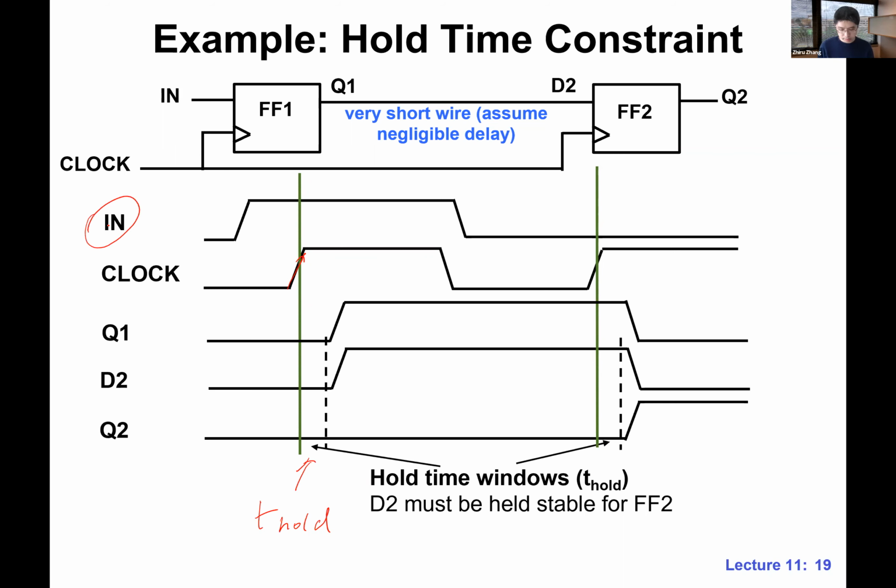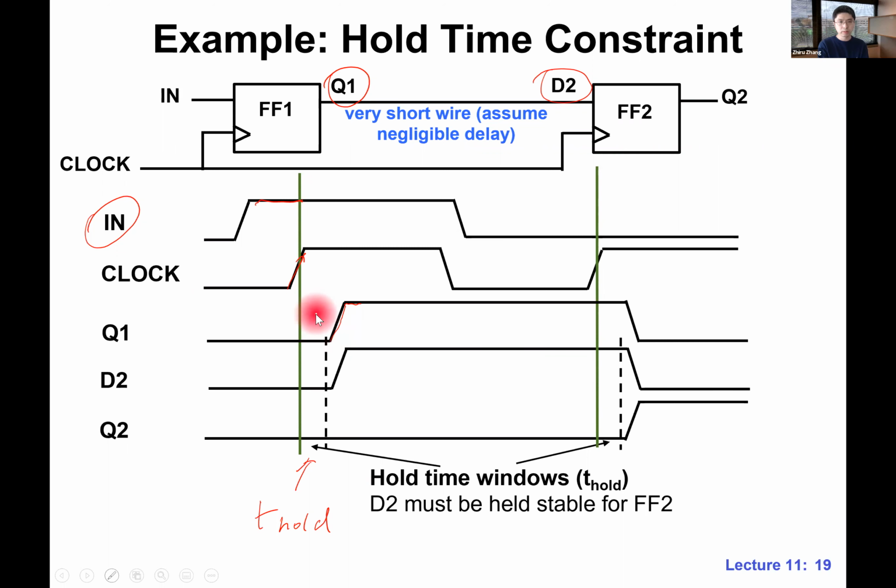Here the input is 1, right before the clock edge. After the clock edge, Q1 starts to make this transition from 0 to 1. What I'm asking you guys is, what is this gap between the green edge and the time that Q1 is making the transition?